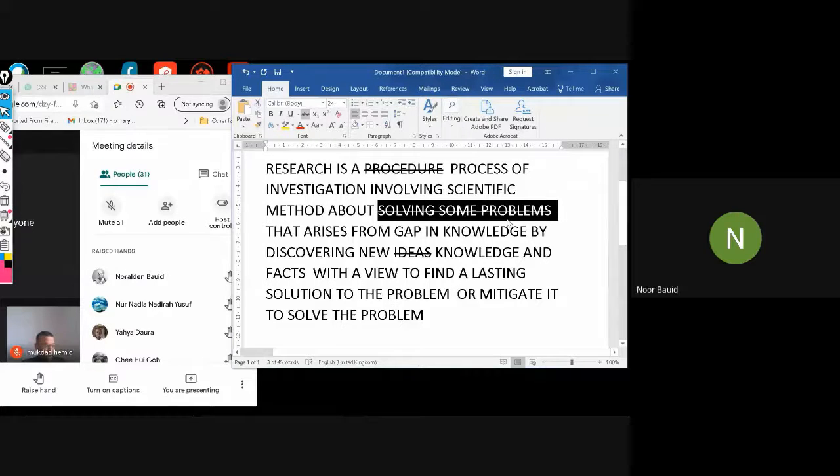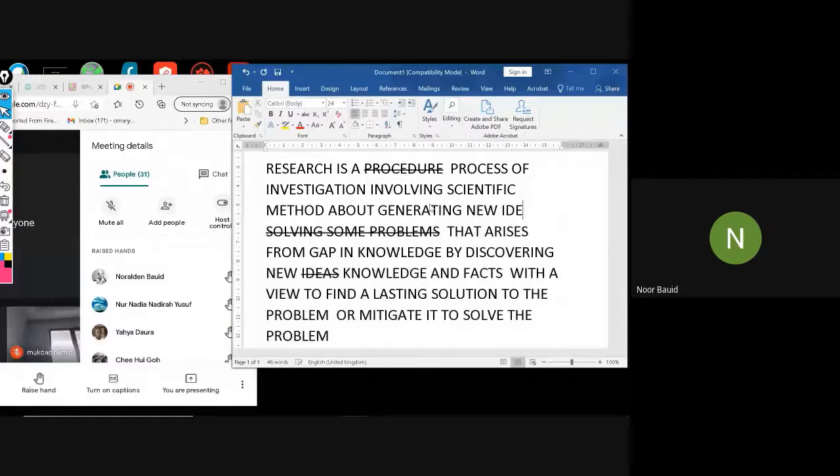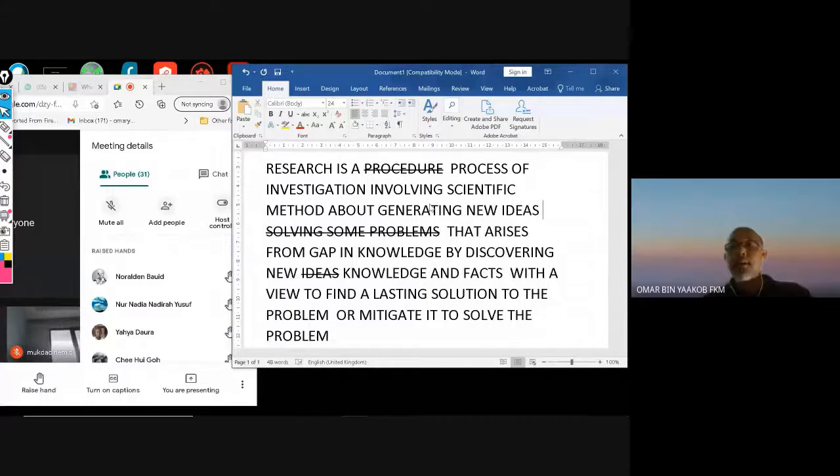Maybe if we link it to the second sentence, it gives the same meaning as the previous one. So maybe about generating new ideas, also conducting research, analyzing the findings, and using them to generate more ideas.